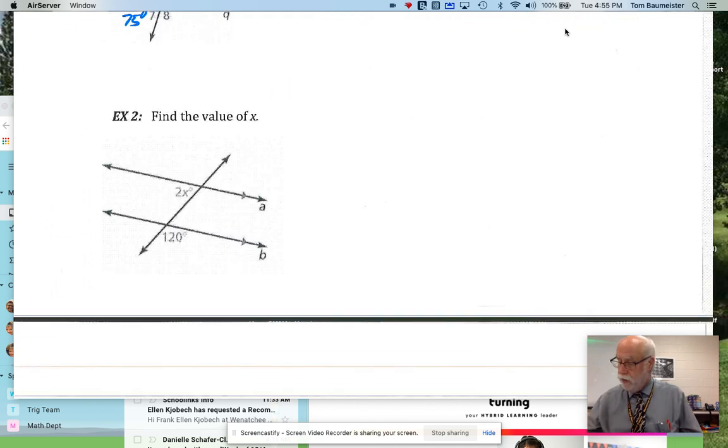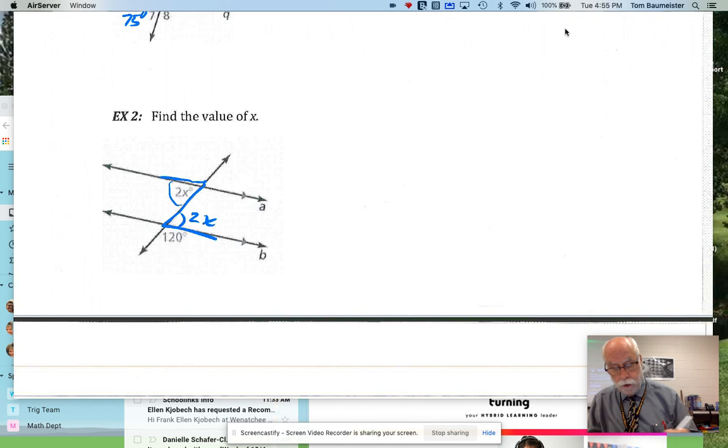Example 2, find the value of x. We know that this is 2x here. Because there are Z angles, we would also know that this one here is also 2x. Since that is 2x, these two here form a linear pair.